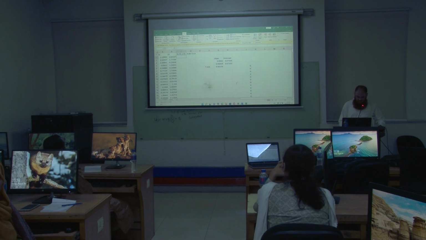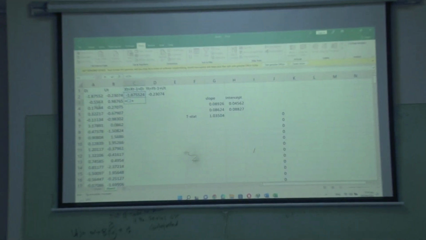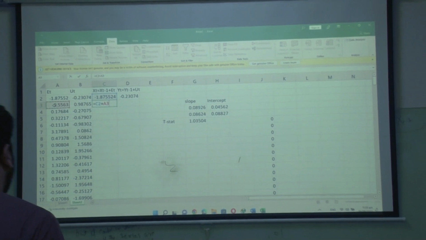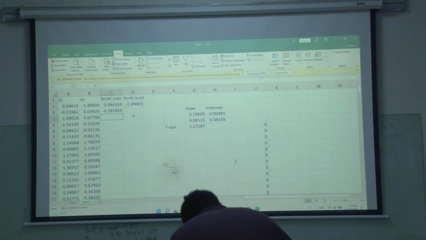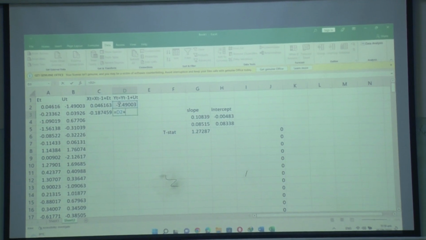I can copy the first observation in the same way. From the second observation, I will differentiate. Now, xt is equal to xt minus 1 plus epsilon t, and then yt is equal to yt minus 1 plus ut.